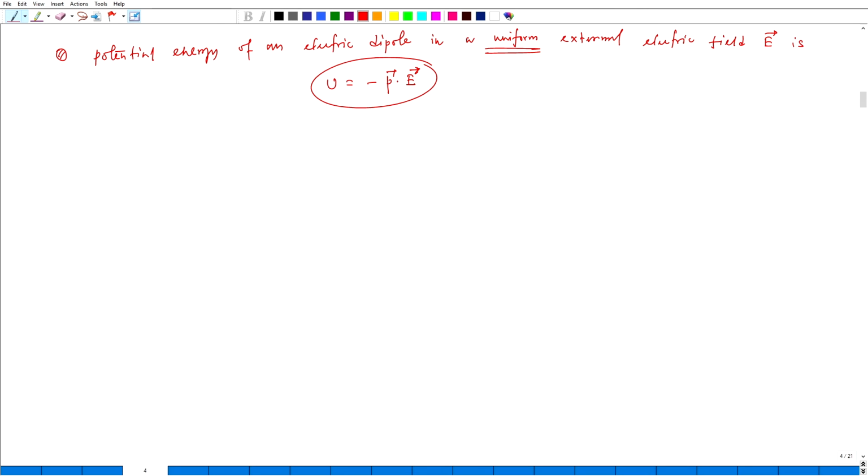The minus sign is important, since it is the potential energy.